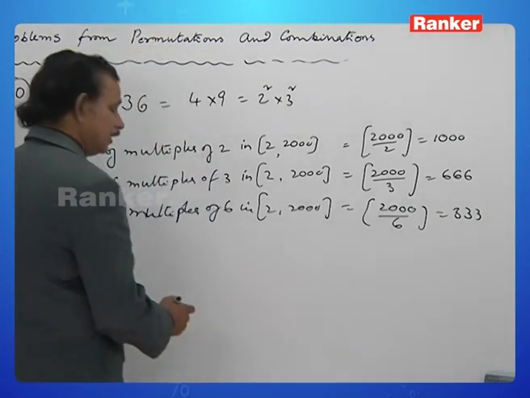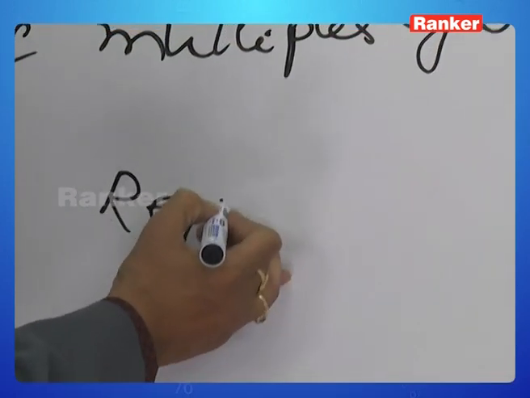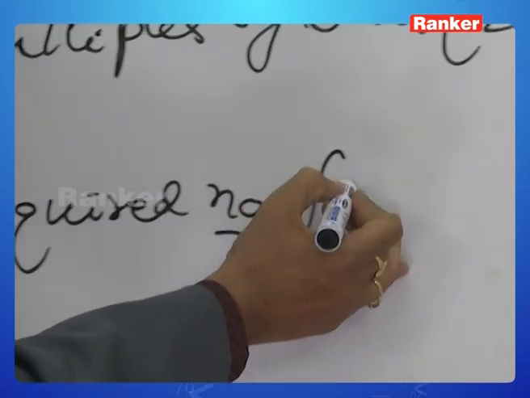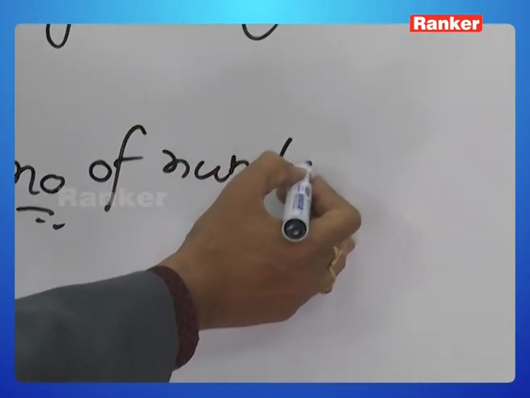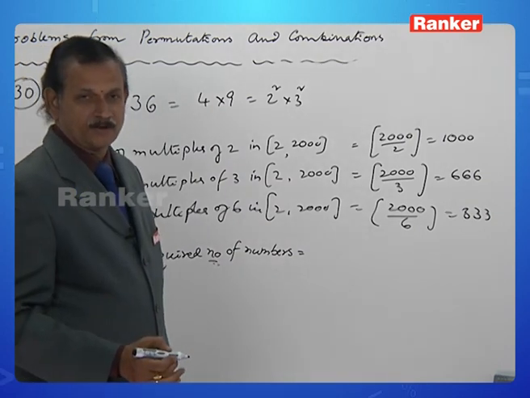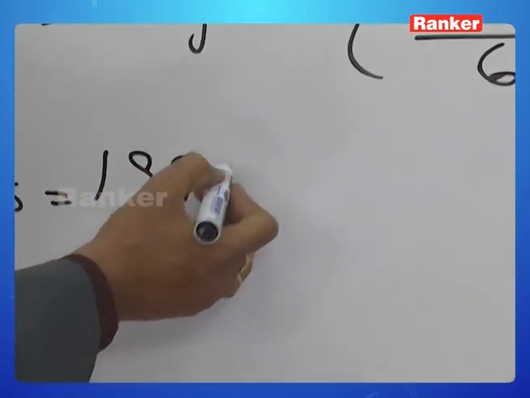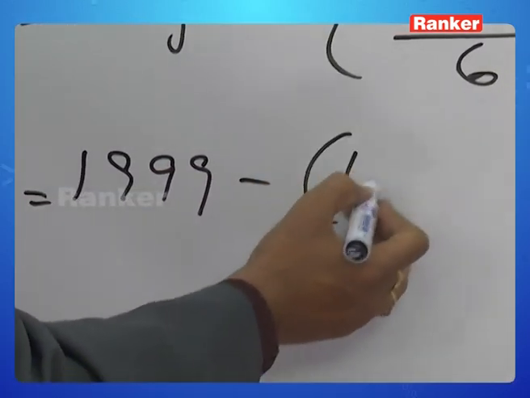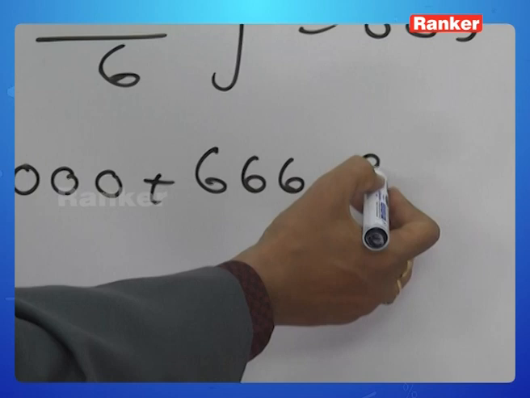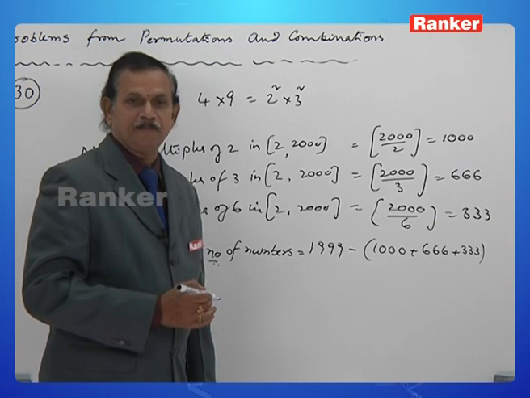Therefore, the required number of numbers is: what is the total number of natural numbers in the present domain, that is 2 to 2000? 1999. 1999 minus 1000 plus 666 plus 333.